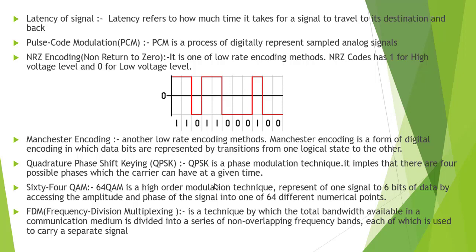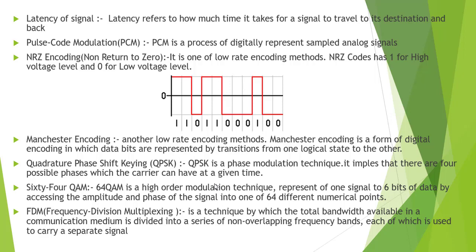The second line encoding method is Manchester encoding. Manchester encoding is a form of digital encoding in which data bits are represented by transitions from one logical state to another. And some modulations are available. Quadrature phase shift keying is a phase modulation technique.